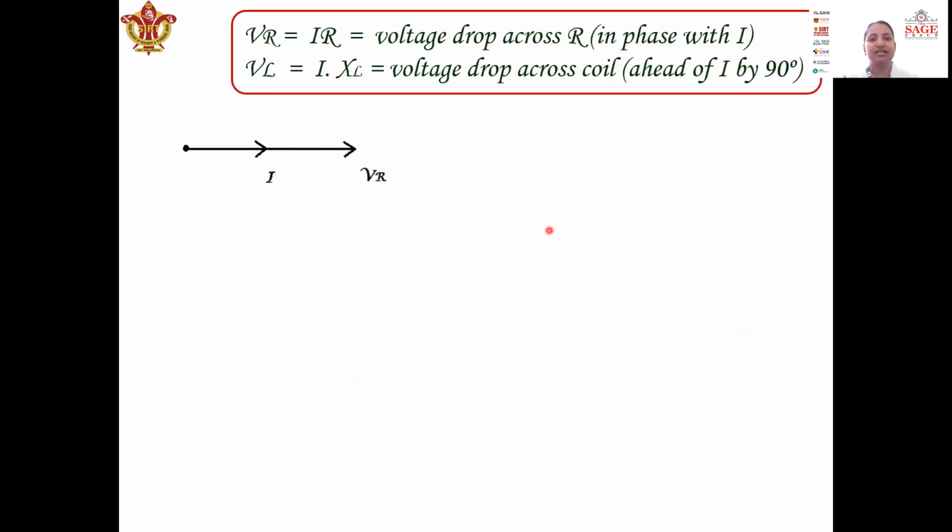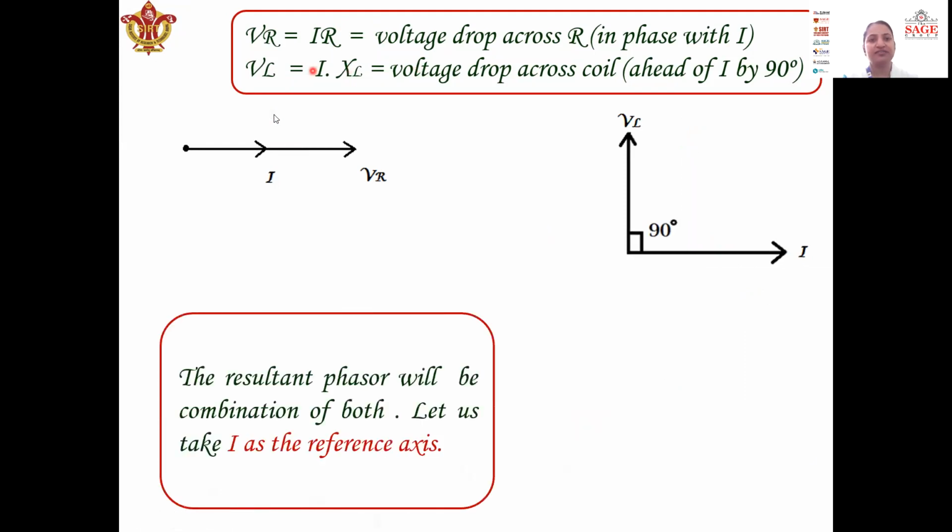VR is equal to I into R is the formula, right? And VL is I into XL, where XL is the inductive reactance. As far as the phasor diagram is concerned, we know that in a resistive circuit, I and VR are both in the same phase.